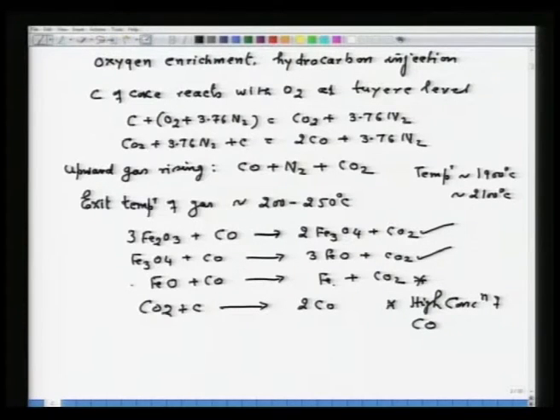So, particularly this reaction occurs at the stack and Bosh region where you have high concentration of CO. So, that is an important thing.